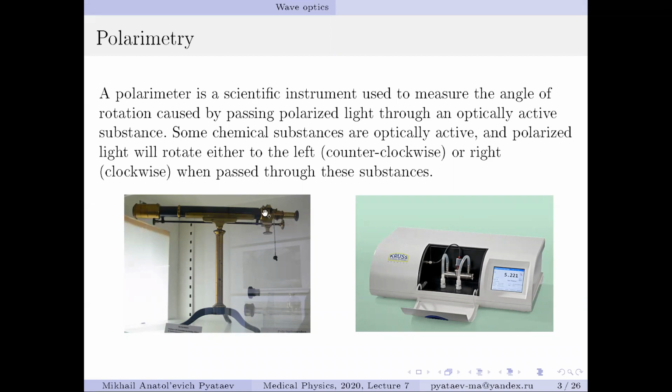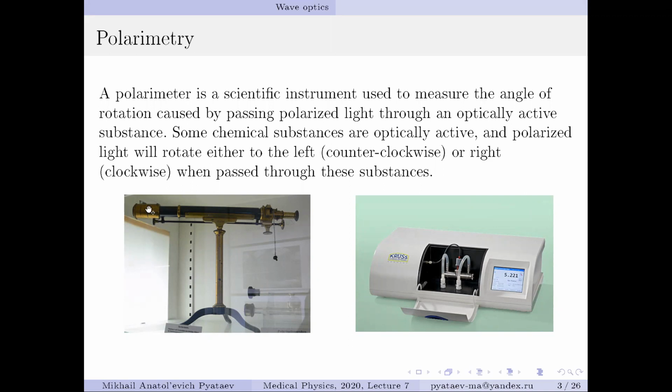So by measuring the angle of rotation, we can measure the concentration of sugar in the examined liquid. So sugar is not the only substance which rotates the angle of polarization, but it is one of the simplest examples.